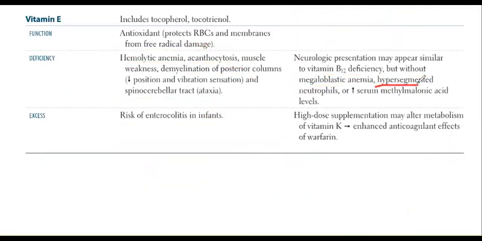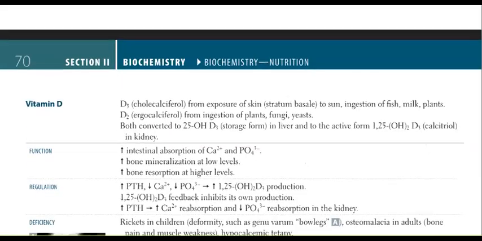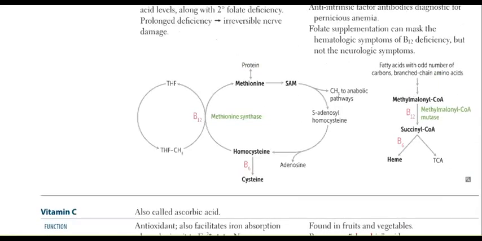Okay, so now hypersegmented neutrophils, or increased serum methylmalonic acid levels. If you remember from our previous lecture, I showed you this diagram in vitamin B12: this is methylmalonyl CoA, which is converted to succinyl CoA, and then it is responsible for the production of heme and the TCA cycle.